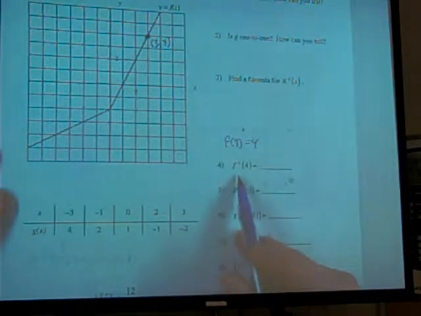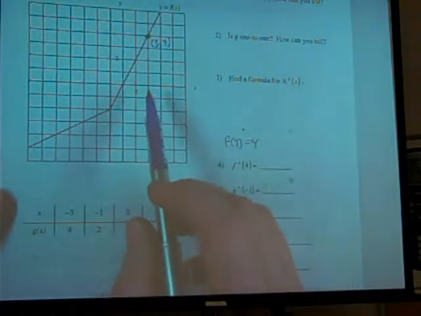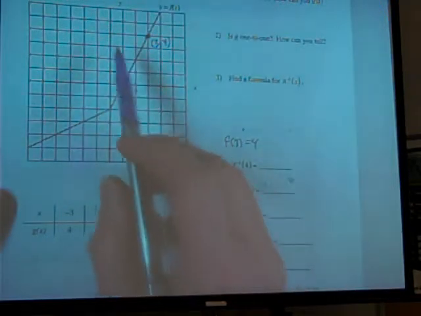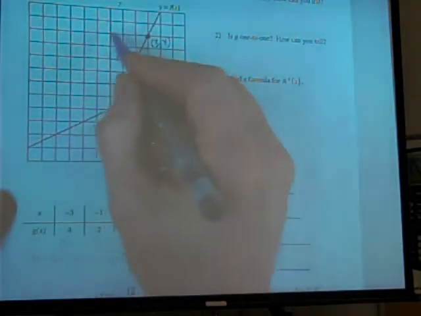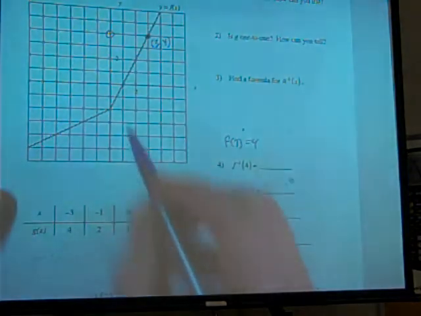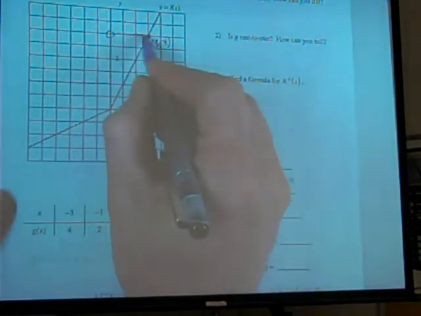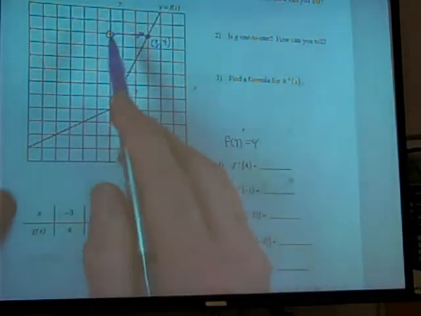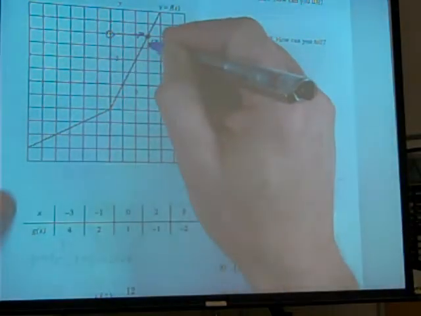Now to find f inverse of 4, you want to reverse this approach, and find not x equals 4, but y equals 4. So here's y equals 4 on the y-axis. Then you scan across and you find that same point (3, 4). That means when the output is 4, the input is 3.